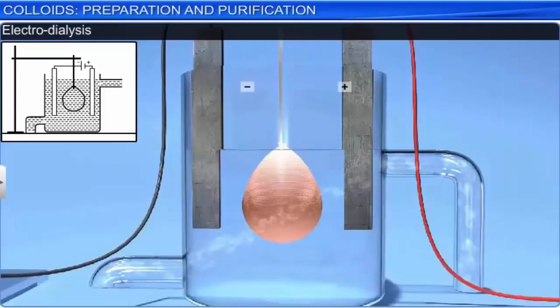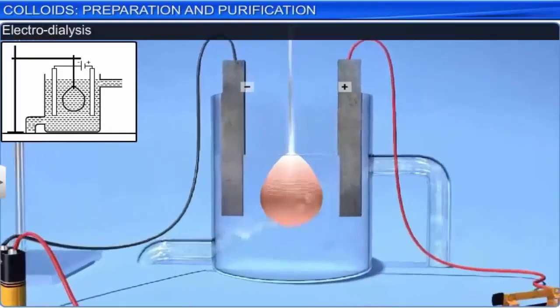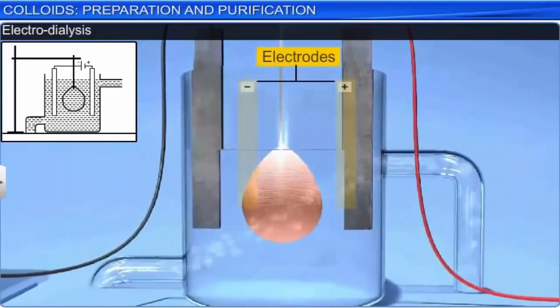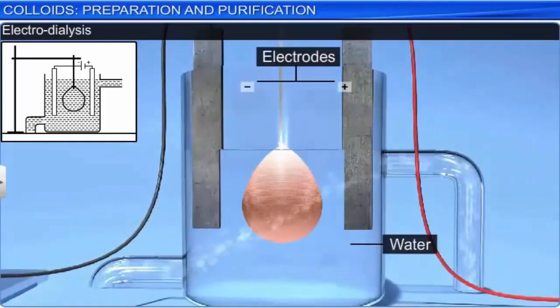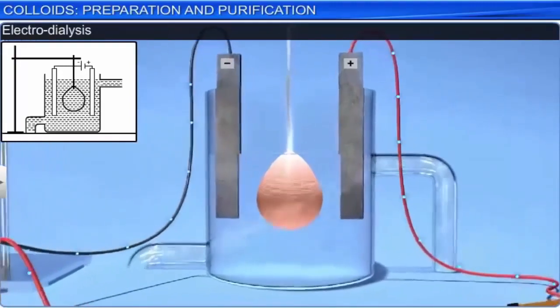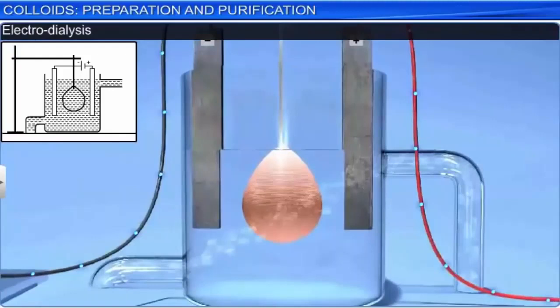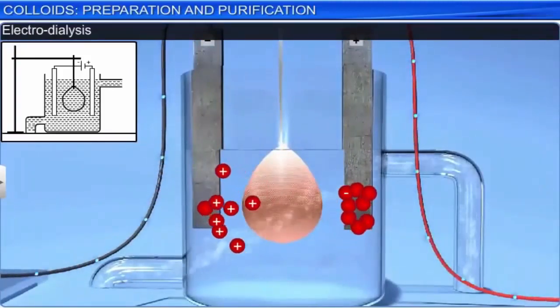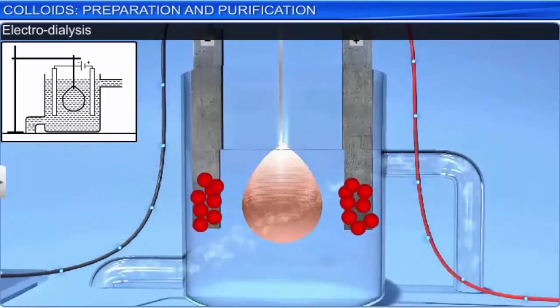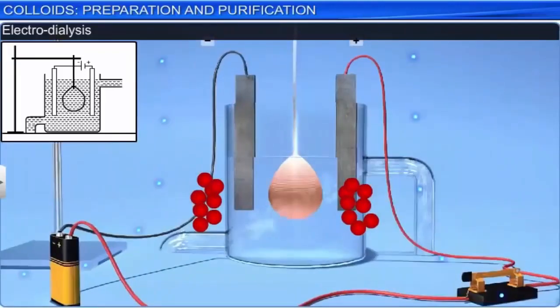In this process, two electrodes are placed in the water compartment as shown here. When an electric field is applied across the electrodes, the ions of the electrolyte present as the impurity diffuse towards the oppositely charged electrodes at a faster rate.